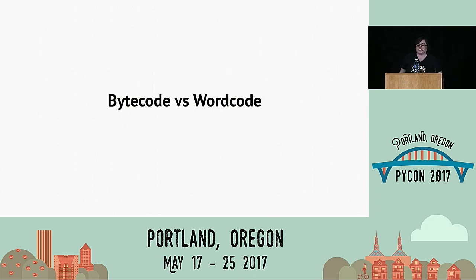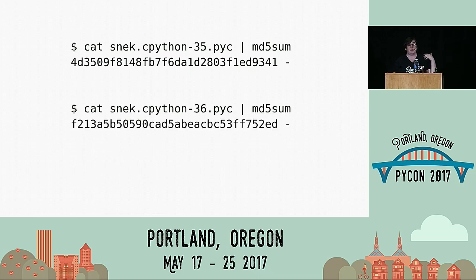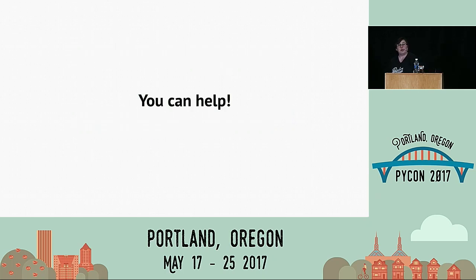But we're doing silly things. So, if we run our Snek from earlier, and we compare the MD5 sum from an execution in Python 3.5.1 compared to 3.6.1, the MD5 hash is different because we got different output, which means that it won't work in the browser, sadly. But you can help.